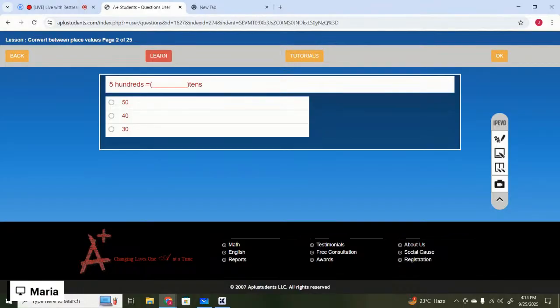500 equal how many tens? So in 100 we have 10 tens, right? So 500 means we have 50 tens.